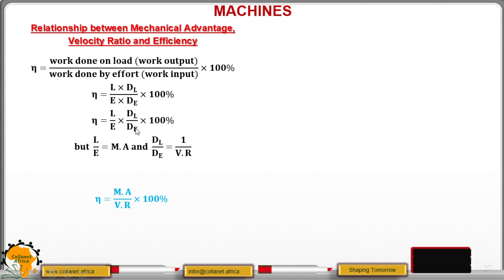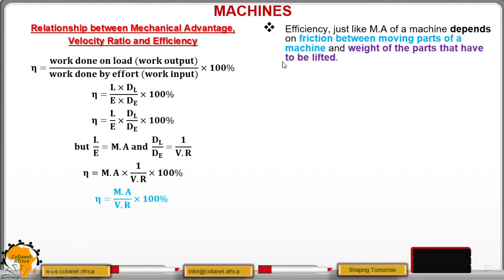So this is the reciprocal of our velocity ratio, which implies when you put the two together, efficiency will be mechanical advantage multiplied by 1 over velocity ratio, and it must be expressed as a percentage. Therefore, our efficiency is mechanical advantage over velocity ratio times 100%.